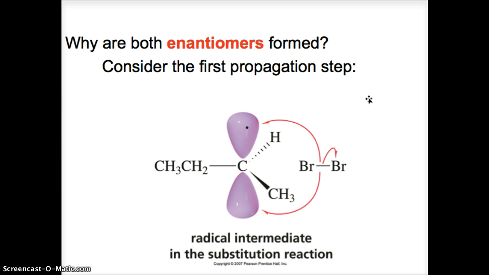The carbon with the unpaired electron is sp2 hybridized, so the three atoms to which it is bonded lie in a plane. In the second propagation step, the incoming bromine has equal access to both sides of the plane, this way or this way. So both R and S enantiomers are formed. The same amounts of R and S are produced.